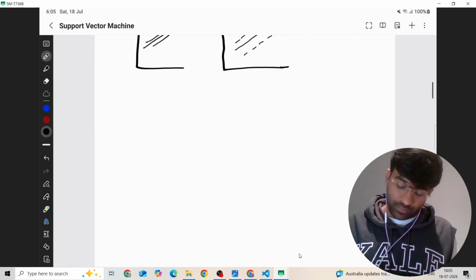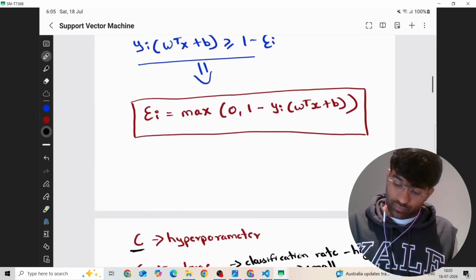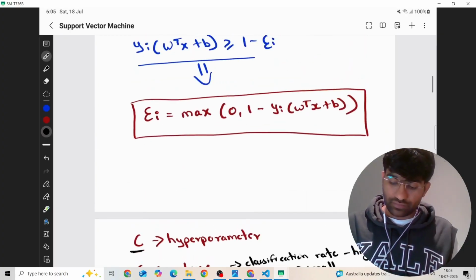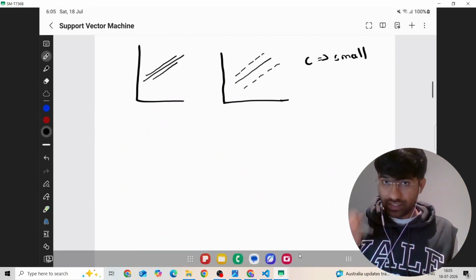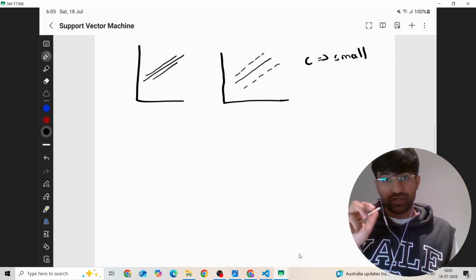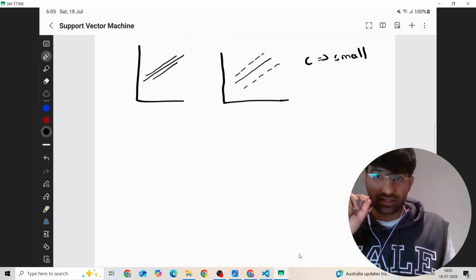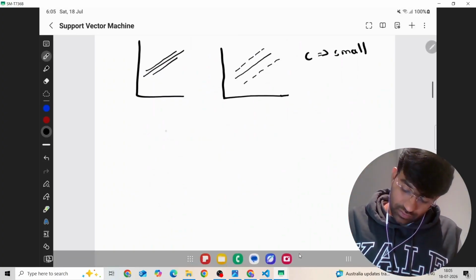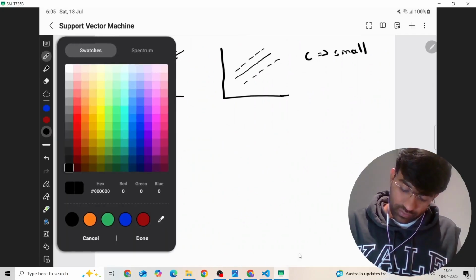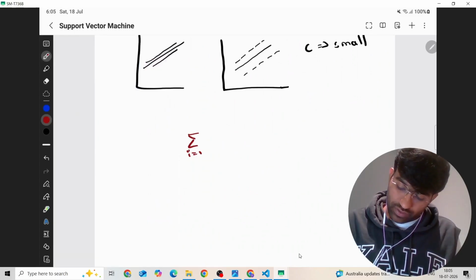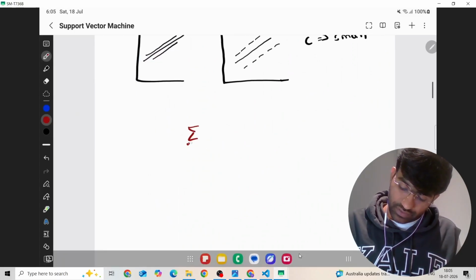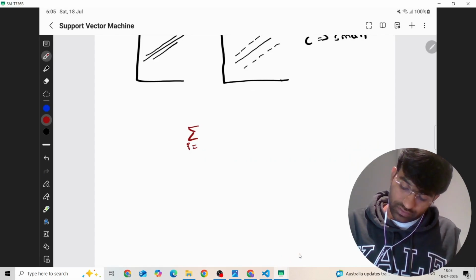How to add this C parameter now? Our error term was this, right? Error equal to max of 0, 1 minus yi (w transpose of x plus b). We want to add the error for all the data points, so summation of i equal to 1 to n.